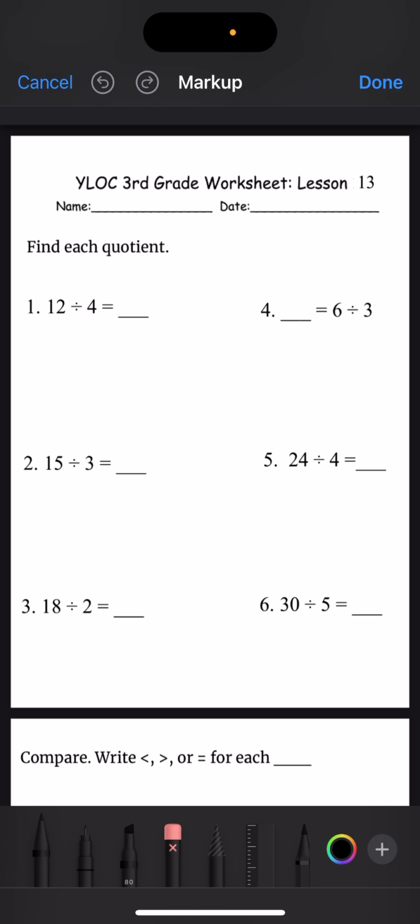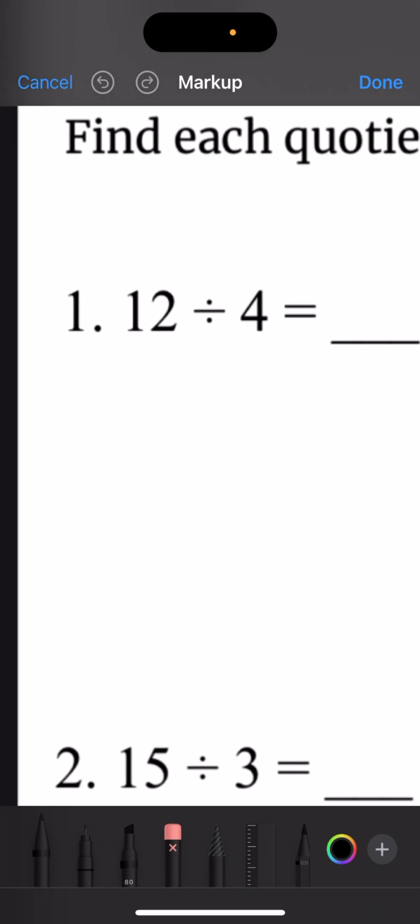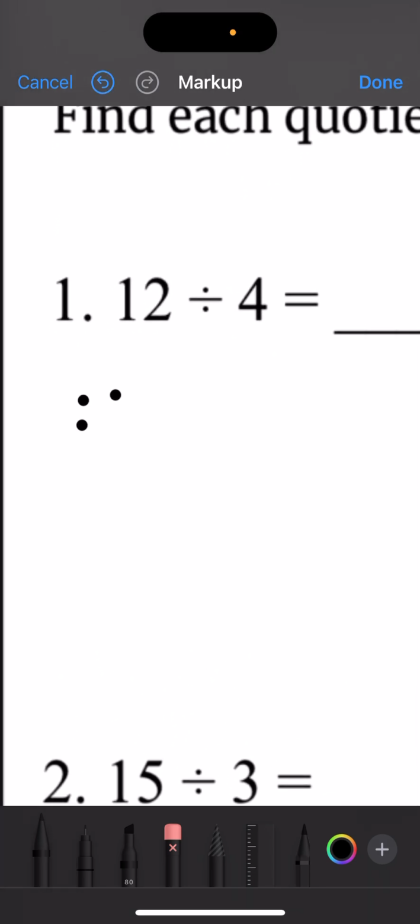Let's get started. Find each quotient. Number 1, we have 12 divided by 4. This is also asking how many groups of 4s you can form with 12. So we would have 1, 2, 3, 4.